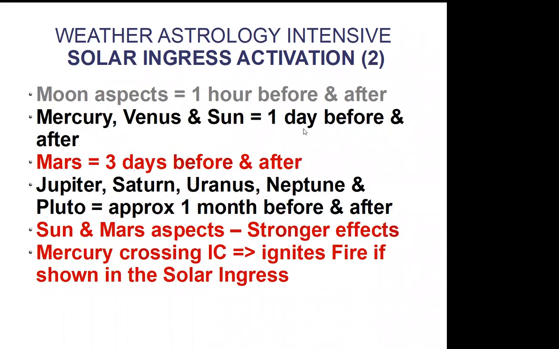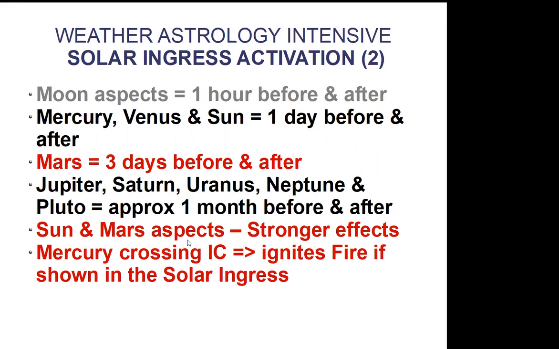All right. And here, this is just what I mentioned before with the orb, moon, an hour before and after, Mercury, Sun, and Venus, a day before and after, Mars, 3 days before and after, Jupiter out, at least a month. And Sun and Mars aspects, now this is the experts talking, they say you get stronger effects.